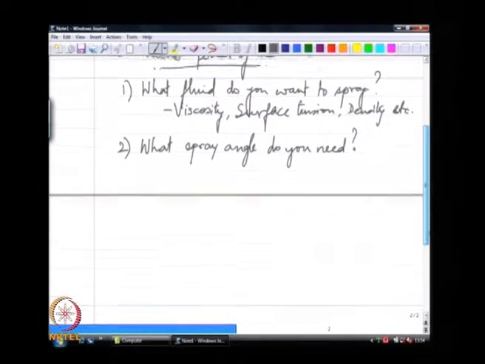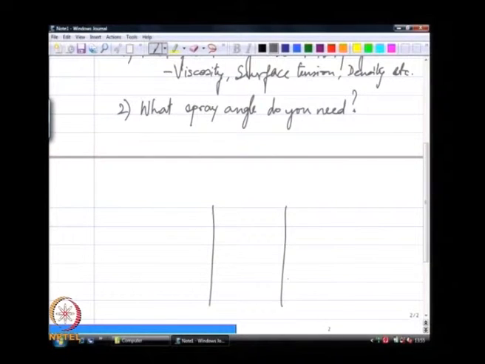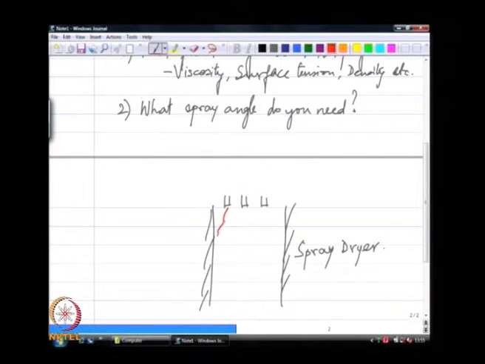Now, why is this a customer imposed constraint and why is it not a variable that is available to you? Very often there is an existing installation, let us say this is like a spray dryer. Okay, and the spray dryer has a bank of these nozzles at the head, each one putting out a spray of sorts.